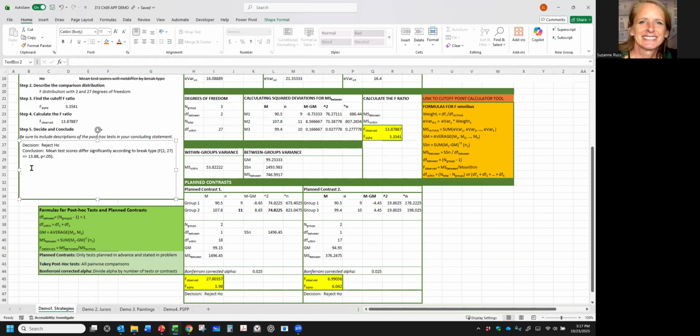So we could say planned contrasts. Let's tell what kind of tests we did. Planned contrasts revealed that students who took a 10-minute social media break performed more poorly on the test than those who took a 10-minute, what was it that they took?